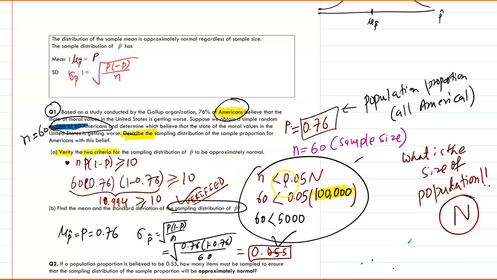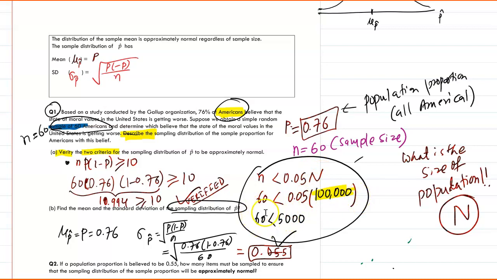But the second criterion is lowercase n must be less than 0.05 of uppercase N. Here uppercase N is the population size, and the population is all Americans. Of course we have more than 100,000 Americans, but I just put 100,000. It's still going to be true. If you put an even bigger number than 100,000, this is obviously going to be true, because as long as you put a bigger number for uppercase N, your right side is going to be bigger.